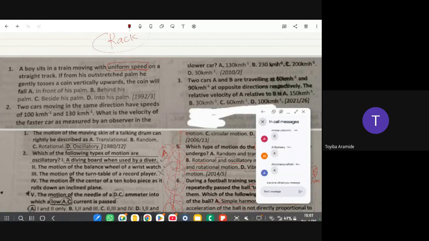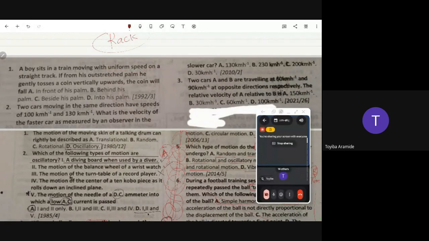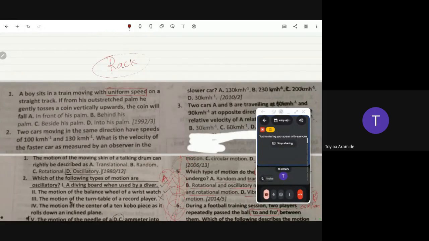C. Now, you understand this question when you think of it in this form. A boy sits in a train, and that train is moving with uniform speed. It means that when we say something is uniform, anything that is inside that thing, it is as if that thing is not moving.